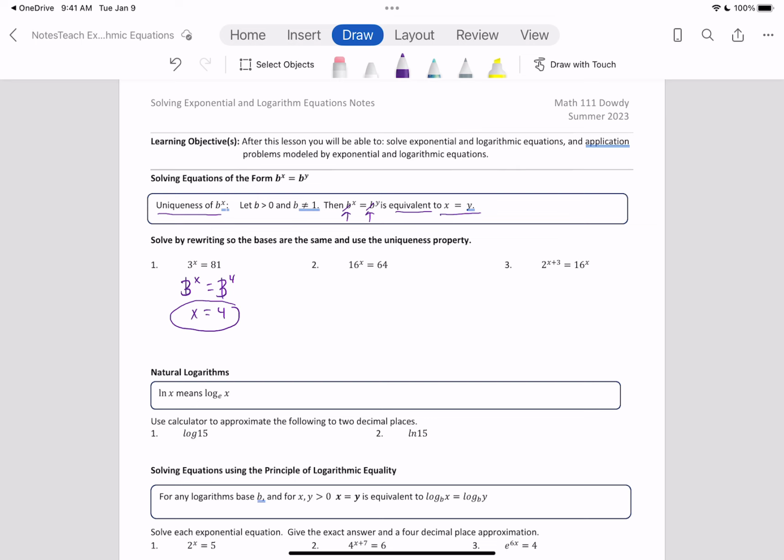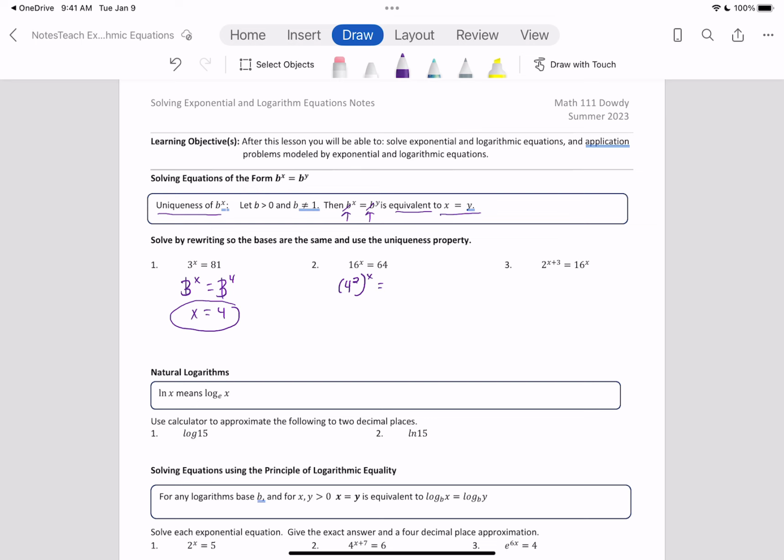So this problem has 16 to the x equals 64. There's actually two common bases you can use here, and either of them will get you there. If you see these as base 2, you can do it that way. I saw base 4. It doesn't matter which way you do it. So I'm going to write 16 as 4 squared, and it is to the x power.